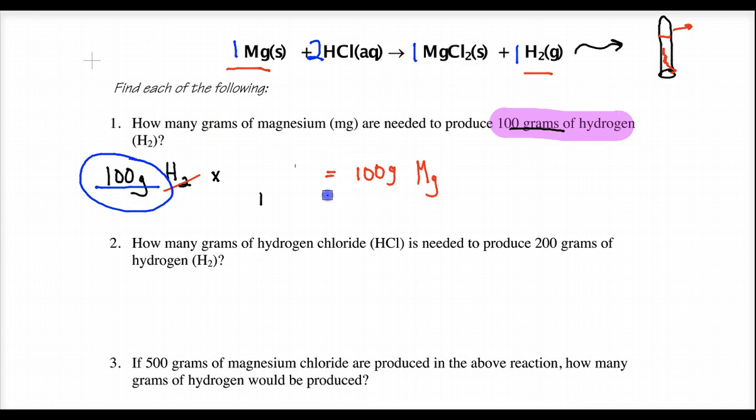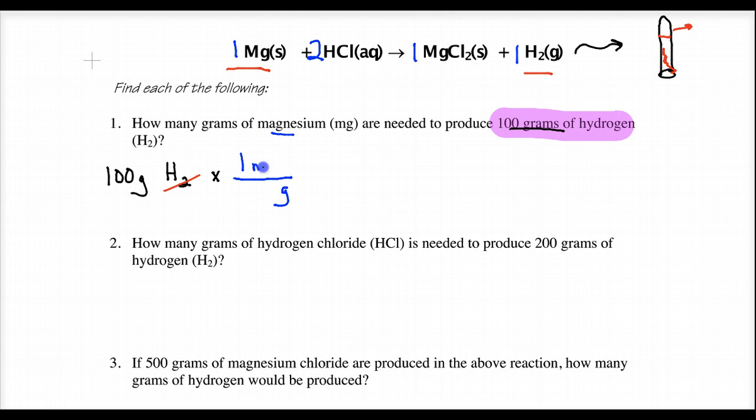So what we do, party people, is we first convert this into a unit that we can use in that ratio to get rid of my hydrogen and get magnesium. So first step, how do we convert to a how many number? We convert to moles. 1 mole of hydrogen is 2 grams. How do I know? Each hydrogen has an atomic mass of 1, there's 2 of them, formula mass or molecular mass, so we've got 2 grams.